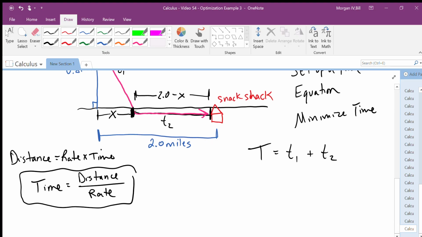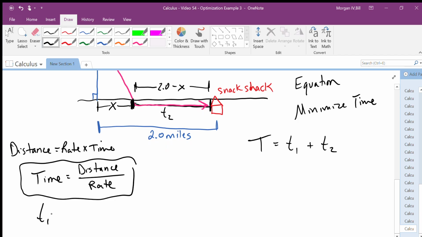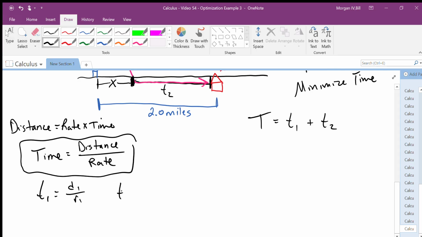So time 1 is its distance, let's call it distance 1, divided by rate 1. And time 2 will be its distance, d2, divided by rate 2. And so we can take time 1, find out what that is, plug that into our equation, and time 2 and plug that into our equation, and hopefully be in terms of one variable. My guess is we will try to make this in terms of the variable x.